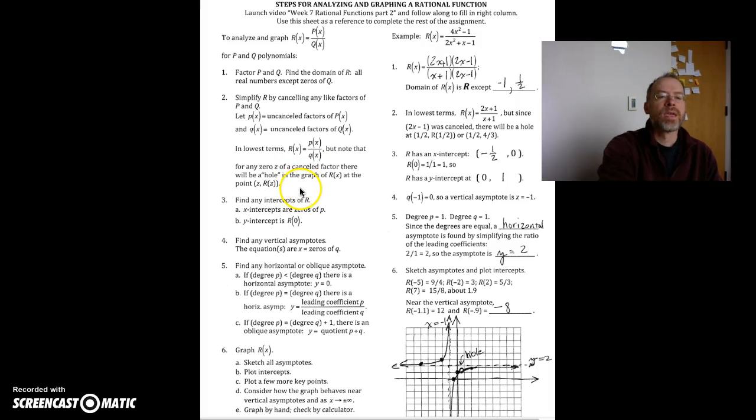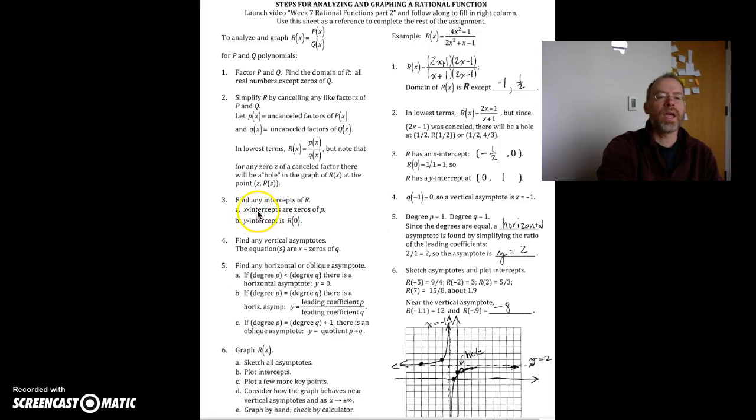Okay. Then, with the rational function factored and in lowest possible terms, you find intercepts of the rational function, and this is like you do for any other functions. The y-intercept happens when x equals 0, so just r(0), input 0 to find the y-intercept.